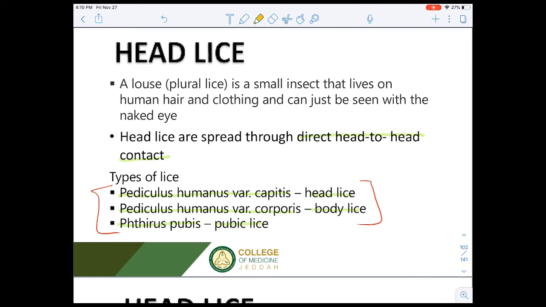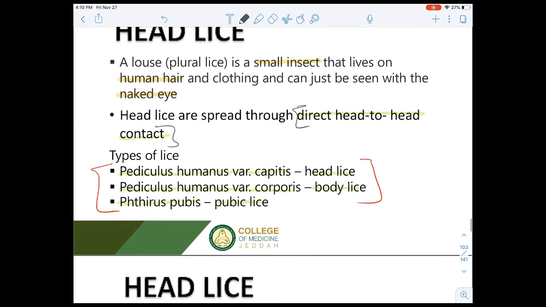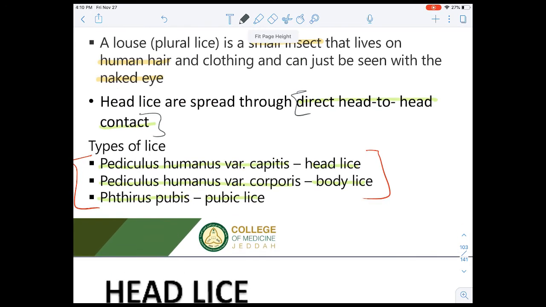The head lice, right? This is also something that we're all familiar with. It's a small insect that lives on the human head, and you can observe it with the naked eye. Head lice are transmitted through direct head-to-head contact, and there are different types of lice, on different locations of the body.